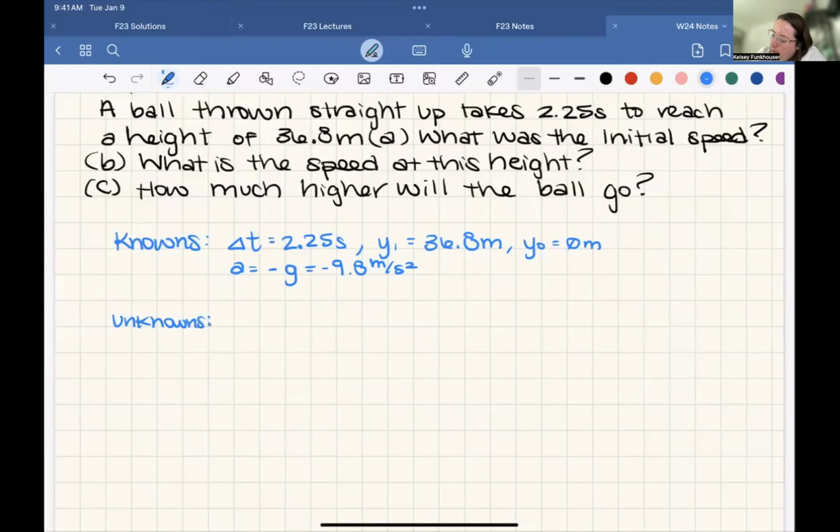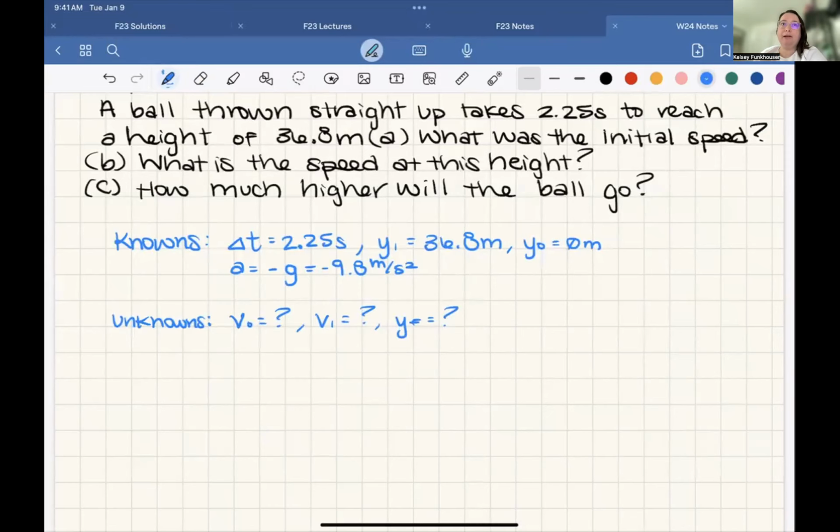So we don't know what the initial velocity is, or actually I'll write that V naught, so we're keeping our subscripts the same. V naught, we also don't know what V1 is. That's one of the things we're asked for. And then we don't know what Y final is. It's another thing we're asked for. Yeah, I think that's all.